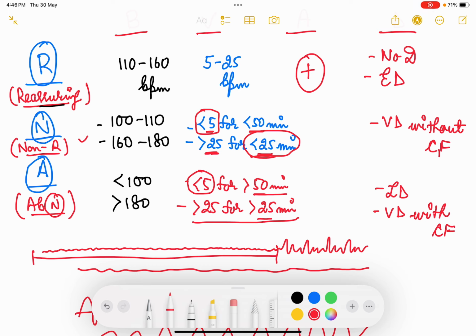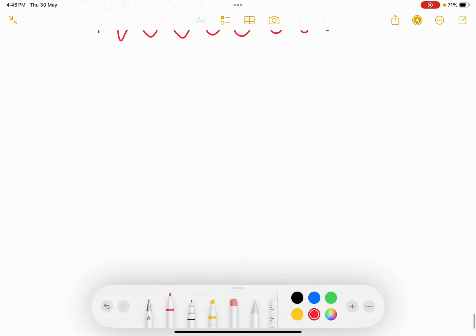Now at this same time, I would like to tell you what do you mean by early deceleration, variable deceleration, late deceleration, and what actually do you mean by concerning feature. Now see, whenever you find a deceleration, fetal heart rate has shown a dip.